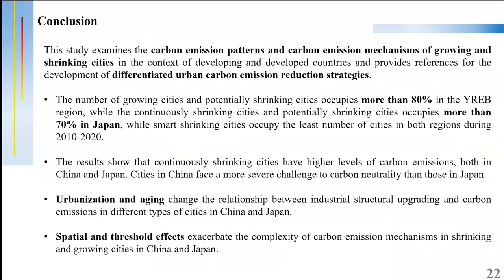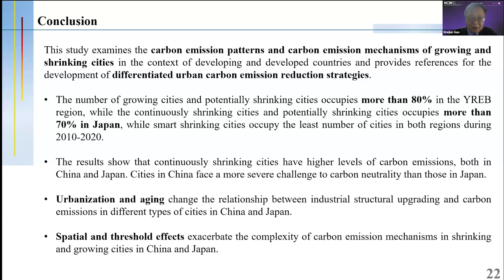The growth cities and the potential shrinkage cities occupy more than 80% in the China research region, while the continuously shrinking cities and the potential shrinking cities occupy more than 70% in Japan, while smart shrinking cities occupy the smallest number of cities in both regions during 2010 and 2020.